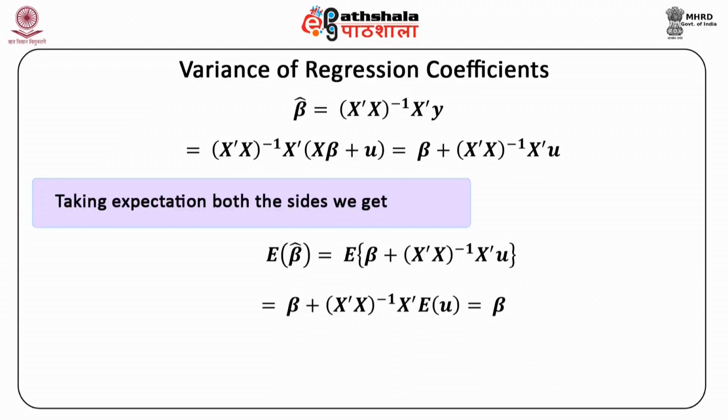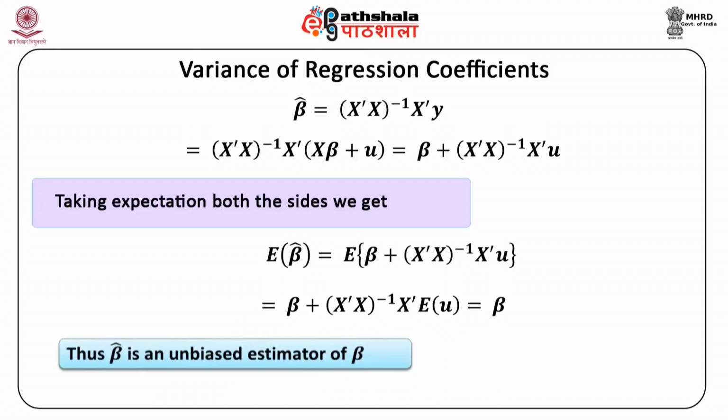Beta hat is therefore proved to be an unbiased estimator of beta. But we obtained this result because we know the expected value of U is equal to 0.